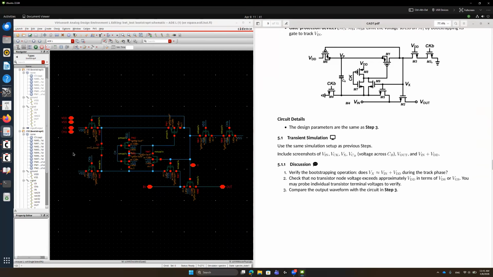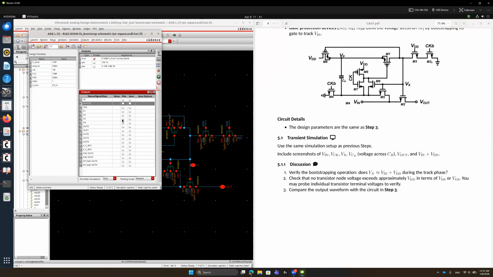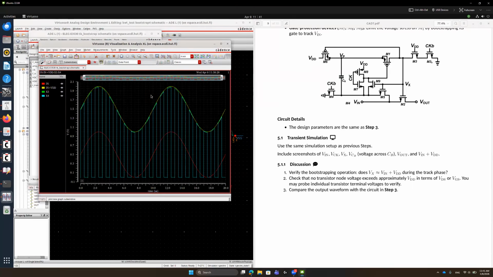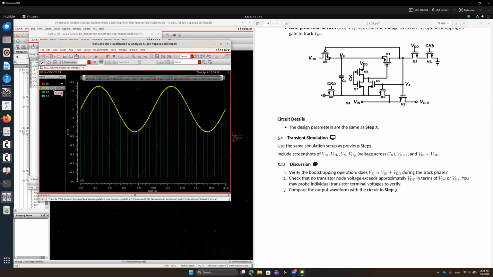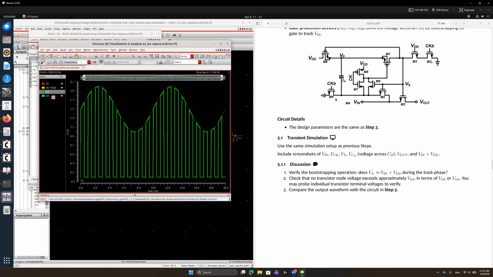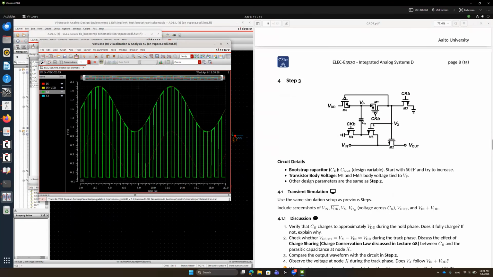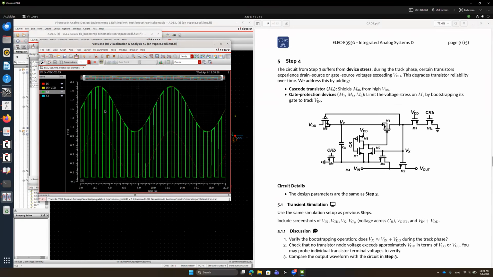We can compare 3 and 4. And if I also plot in and in plus VDD, you can see that this is input, and this is input plus VDD, and this is X node of step 3 circuit, and this is X node of step 4 circuit.